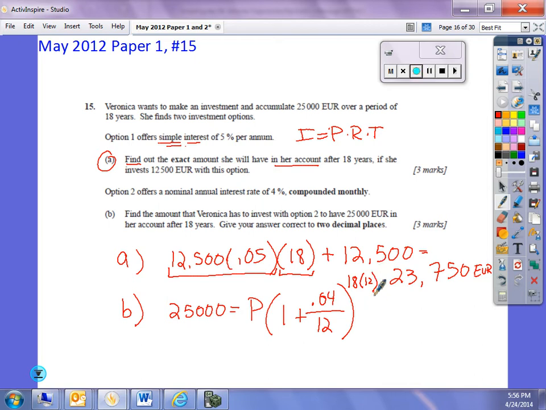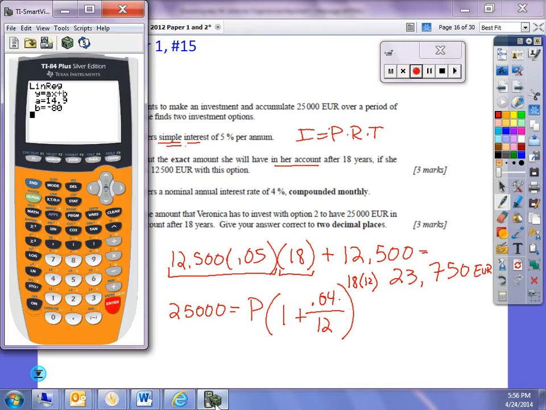So remember again, using the order of operations, what you're going to do is first divide 0.04 by 12. In fact, let me show you how to do this in your calculator. First thing that you're going to do is take 0.04 and divide that by 12. Now add 1.